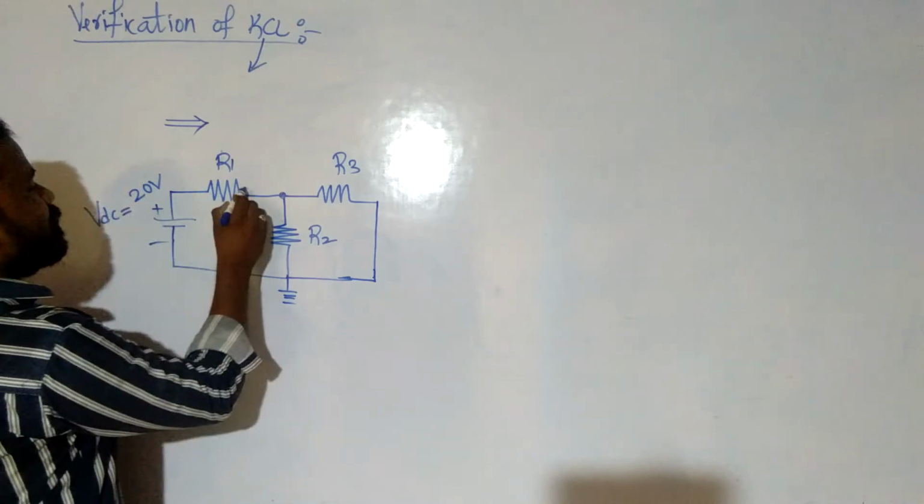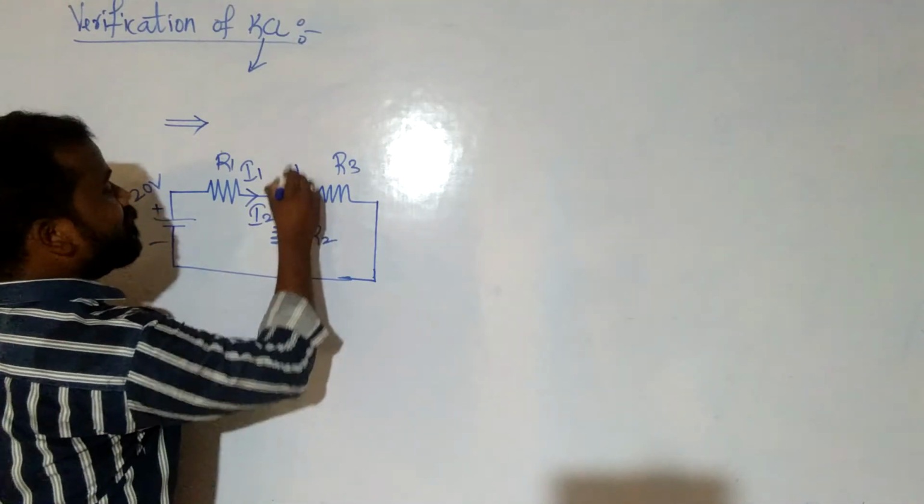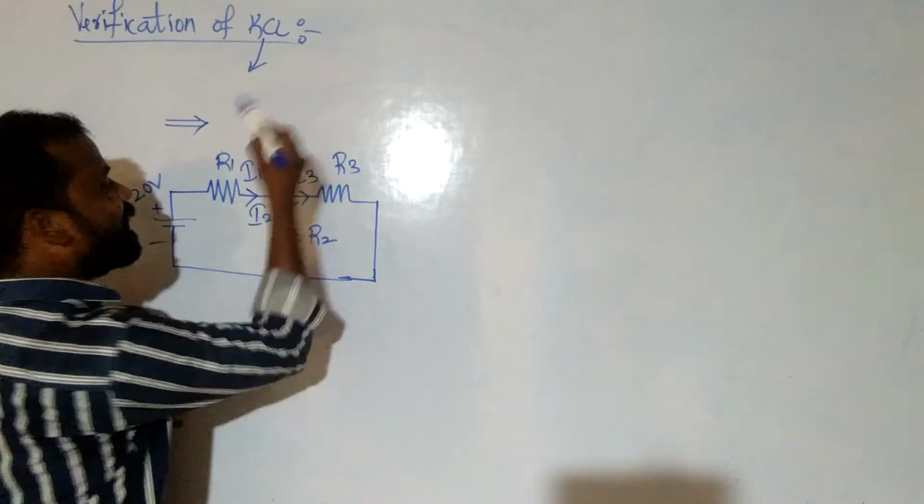Clear? Now the current flowing in R1 is I1, just assume. The current flowing in R2 is I2, and the current flowing in R3 is I3.